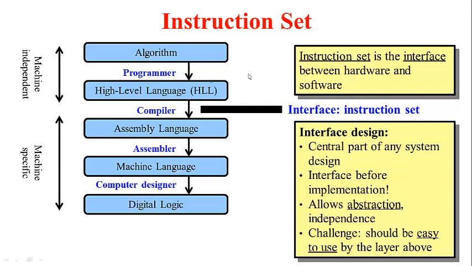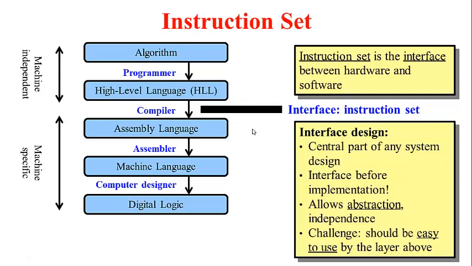In this perspective, the instruction set is nothing but the interface between the software and the hardware. In other words, the interface between the machine independent and the machine specific part. The instruction set defines the machine, and this interface design is thus very important.